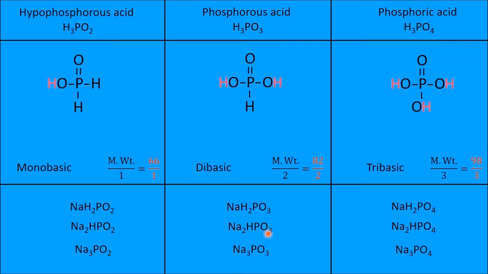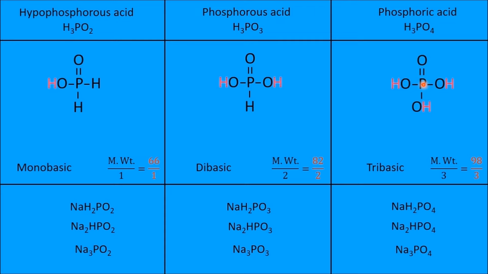So there are 2 possibilities: 1 is removable, or 2 are removable. The maximum capacity is 2. So can you remove all 3 hydrogen atoms? No, not possible. Can you imagine a salt like Na3PO3? Not possible. So the maximum number of replaceable hydrogen atoms is 2, so the basicity is 2.